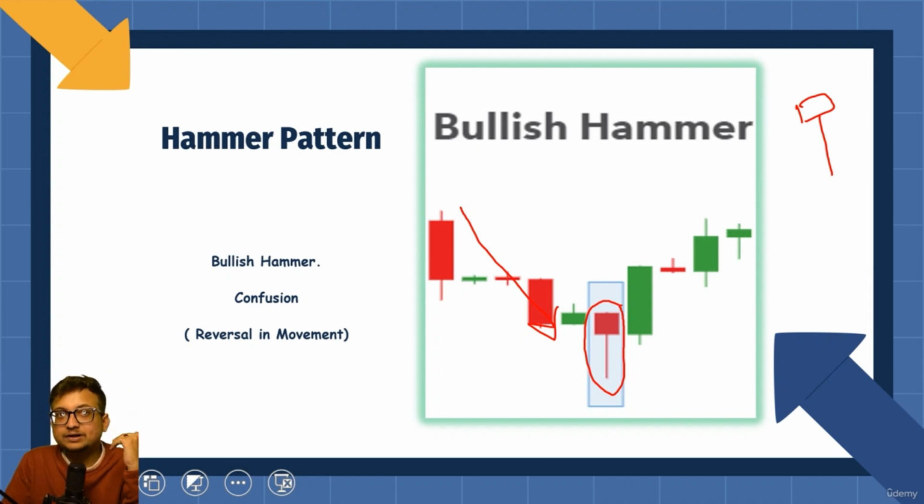It does not give you a decision that okay, you go for the trade. No, it does not give you the decision, but it shows that there is a confusion in the market. The market was bearish, but now there is a confusion. Market can go upward.